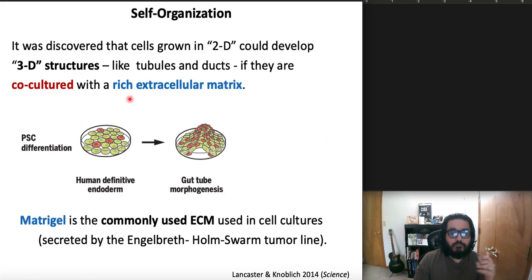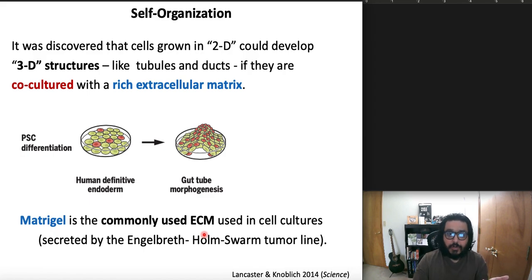And you can use a variety of different extracellular matrix proteins, but the most commonly used reagent in research is a compound called Matrigel, which is a rich extracellular matrix. So it has lots of different extracellular proteins as part of it, and it's a gel-like substance.